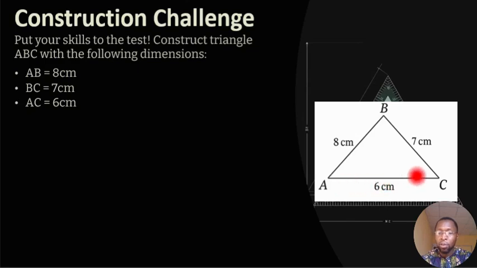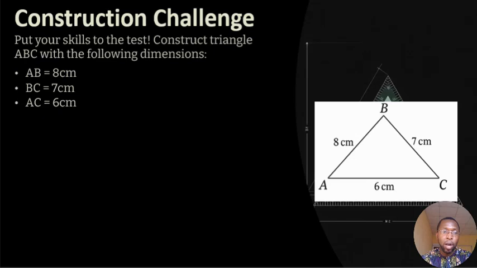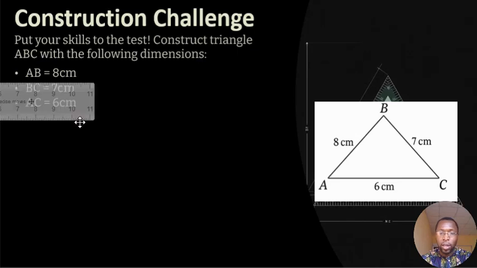Now that I have a sketch of this, I can go on to draw. The first thing, like we said in that step, is to draw the base. Our base here is 6 centimeters because that's the horizontal here. So I will get my ruler and measure 6 centimeters.